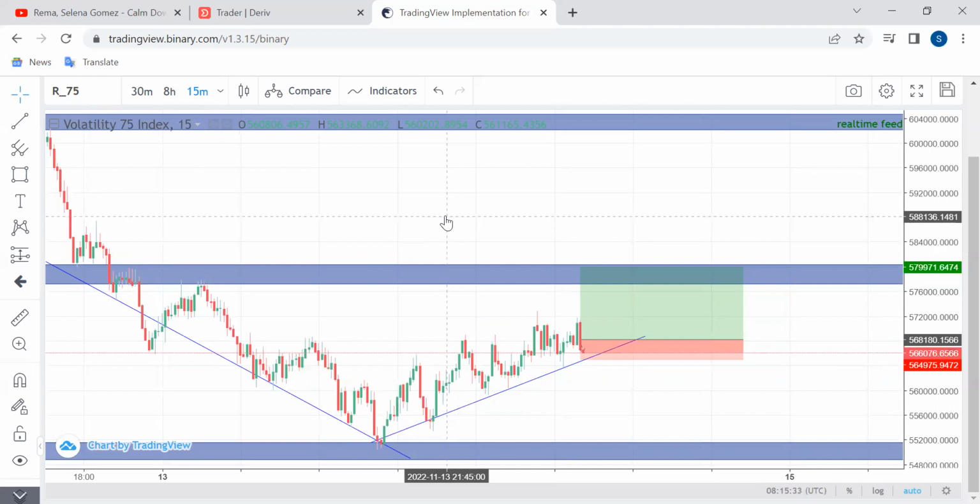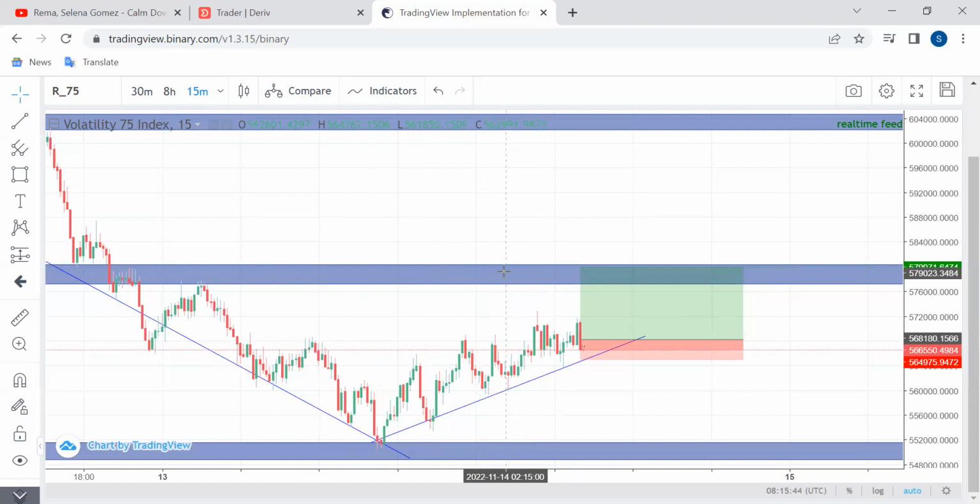So feel free, guys. And another thing I want us to learn is that, as you can see, this is our resistance zone, this blue rectangle here. Once the market comes back to hit this zone, we are expecting two different scenarios.